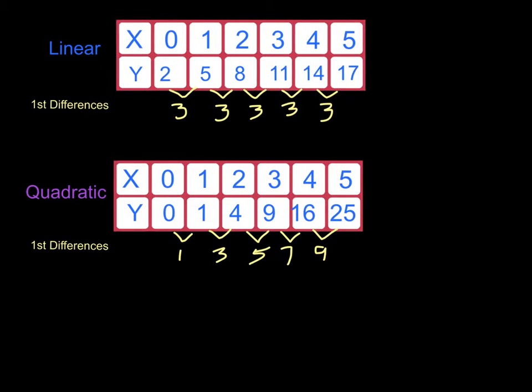So there's always some kind of increasing pattern within quadratic data. And what that does is produce second differences that will be the same. All the second differences here are identical. So with linear data, your first differences will always be the same amount due to a slope. And in quadratic data, it's your second differences that will always be the same.